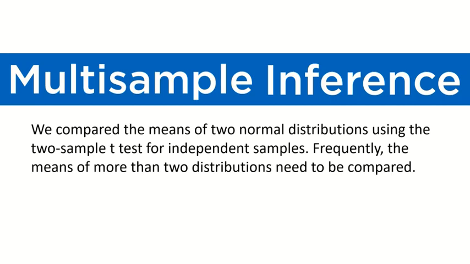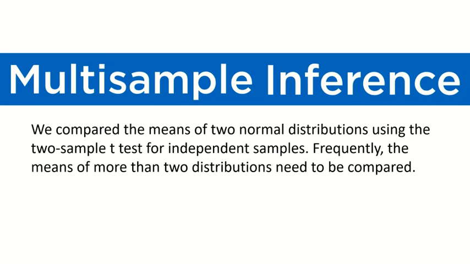So the question is, is there a way to compare three populations, or the means of three populations? And the answer is yes. And obviously, it's not through the use of t-tests. In this module, we are going to focus on comparing three or more populations using what we call multi-sample inference.